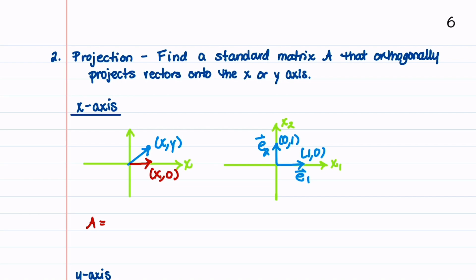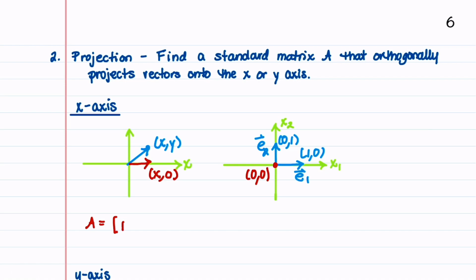When we project e1 and e2 onto the x-axis, e1 stays the same, and then e2 just goes down to the origin, which is [0, 0]. So our A is [T(e1) T(e2)], and that's equal to T(e1), which is just e1, [1, 0], and then T(e2) is the origin, [0, 0].